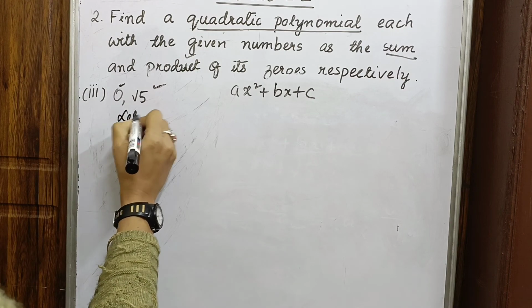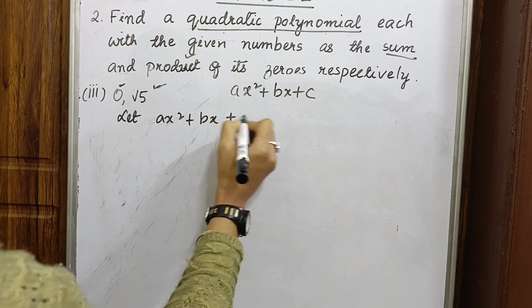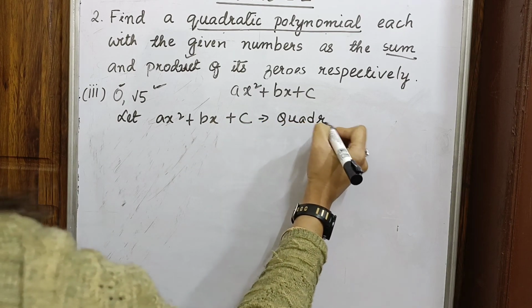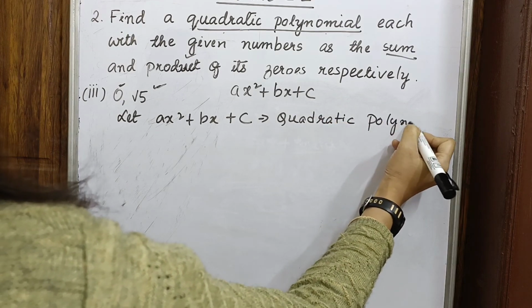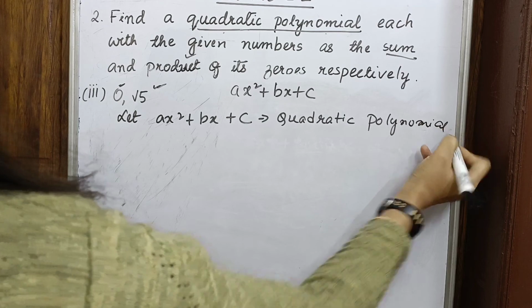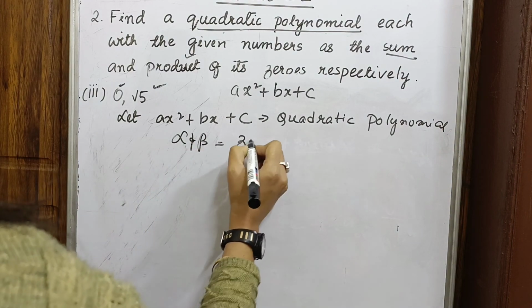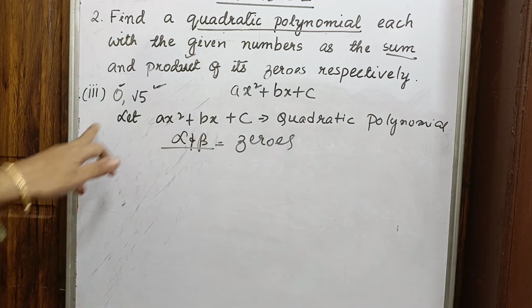So let ax square plus bx plus c be the quadratic polynomial, okay? And alpha and beta are the zeros.